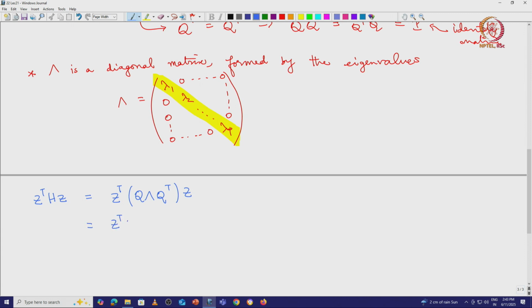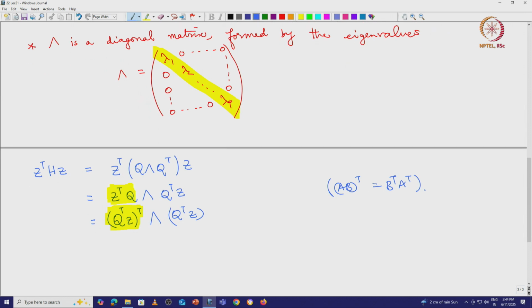This is Z transpose Q times lambda times Q transpose Z. So this is Q transpose Z whole transpose times lambda times Q transpose Z. I hope you can see that Z transpose Q is the same as Q transpose Z whole transpose. That is because if you have two matrices, then A B transpose is B transpose A transpose. This you must remember from your earlier studies of matrices.